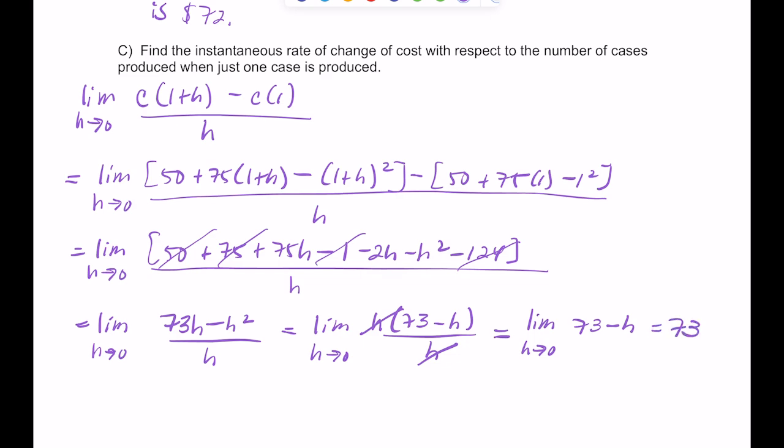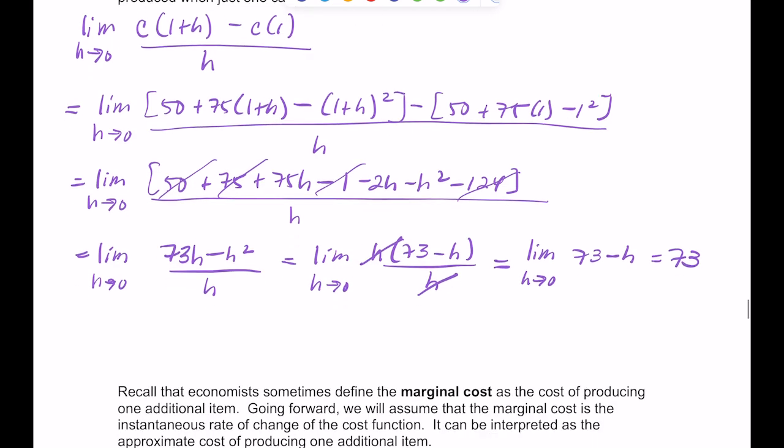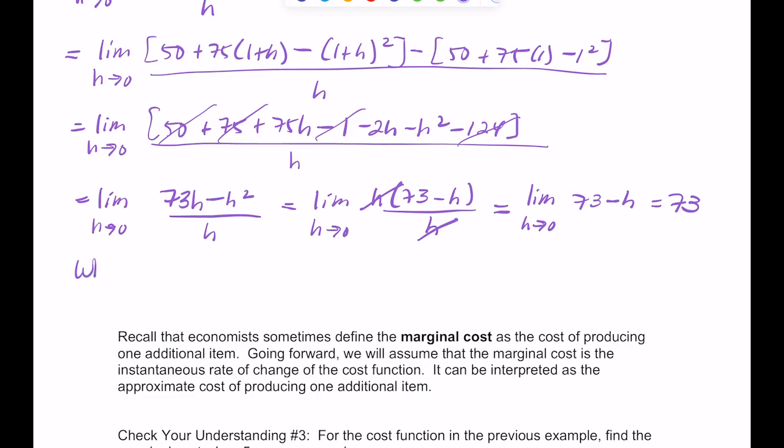So that's the instantaneous rate of change. And it just means when one case is manufactured, the cost would be increasing at a rate of about $73 per case. Again, on average, right? So let's write that down, which will help you interpret, because that's important. You find an answer, but then what is that answer? Like, what does it represent?